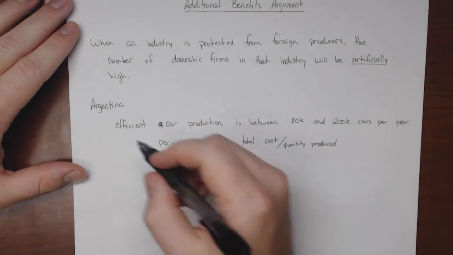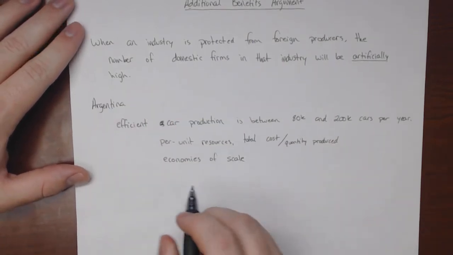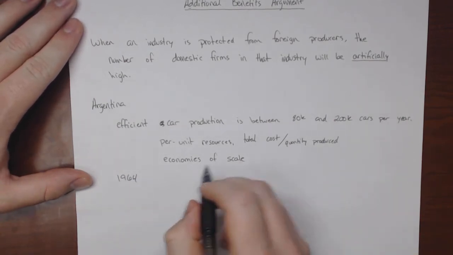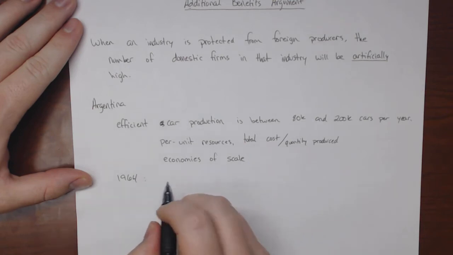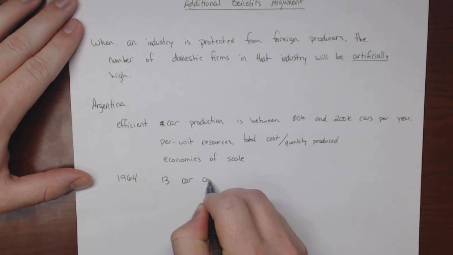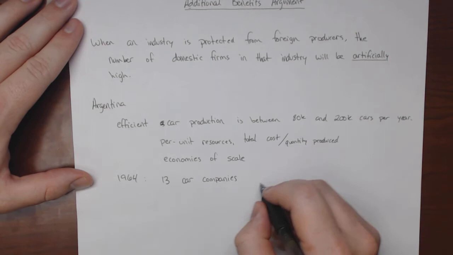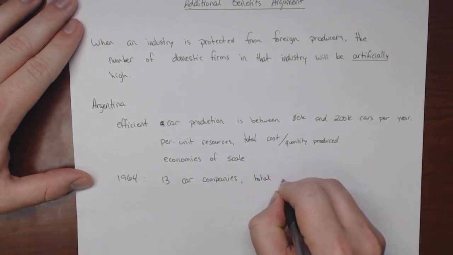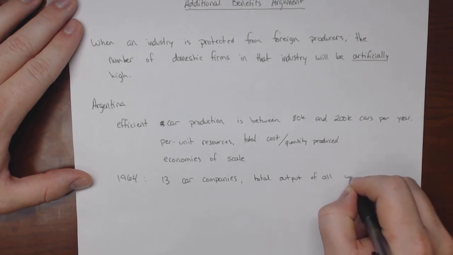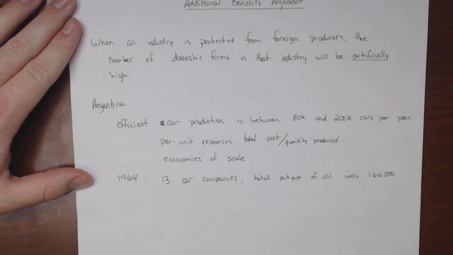Okay, so if we look at the Argentinian car industry in 1964, when they had high tariffs on imported cars, there were 13 car companies in Argentina, and the total output of all was 166,000.